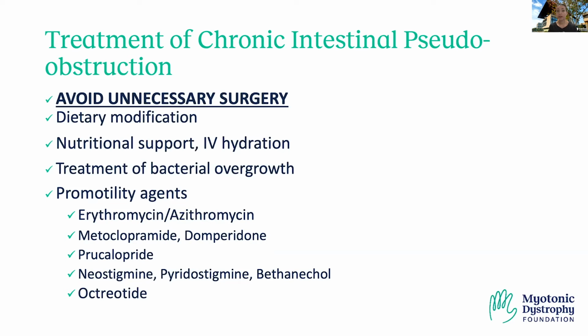Sometimes we use prokinetics, the agents that improve the contractions, also with some degree of benefit. I have put the list of all these medications again here, and they can be tried with various degrees of success in some of our patients.